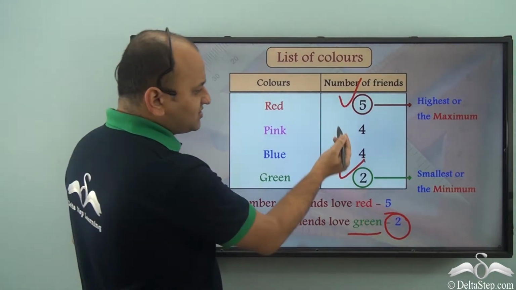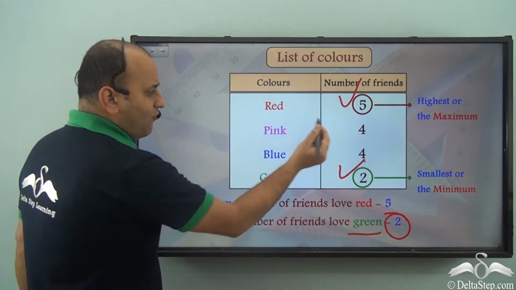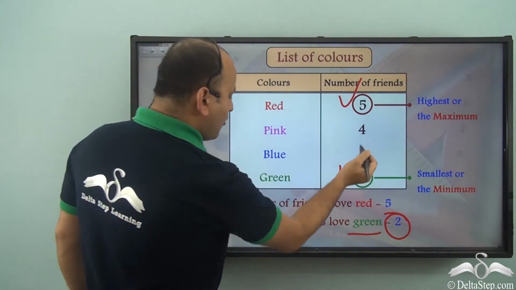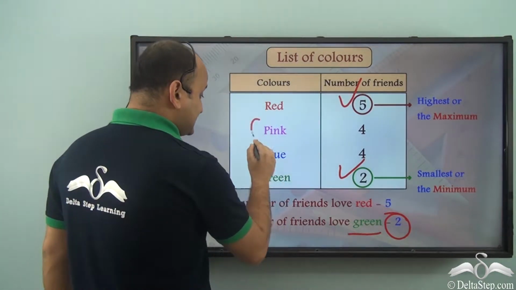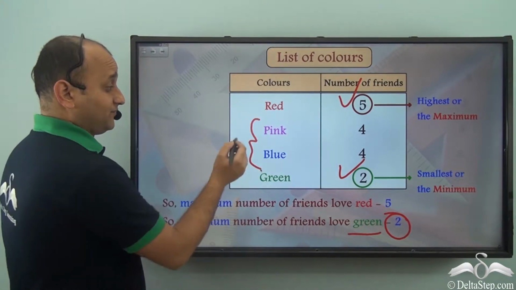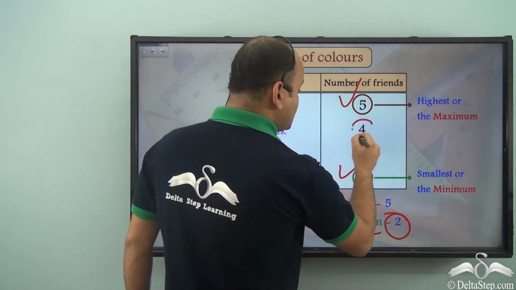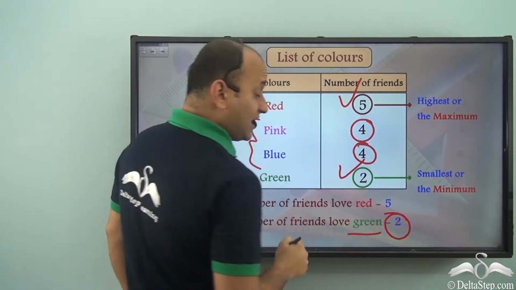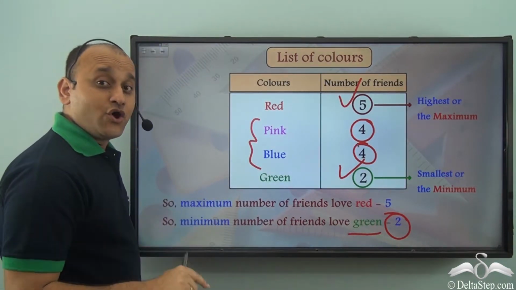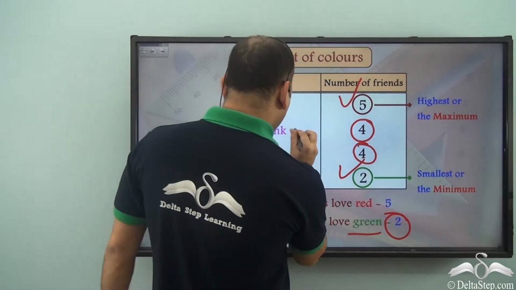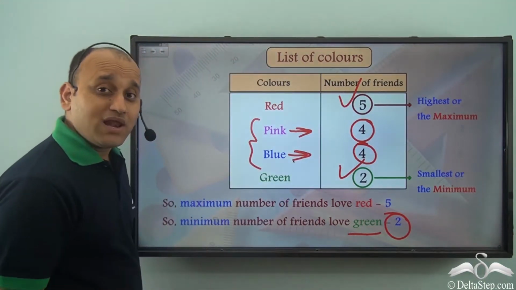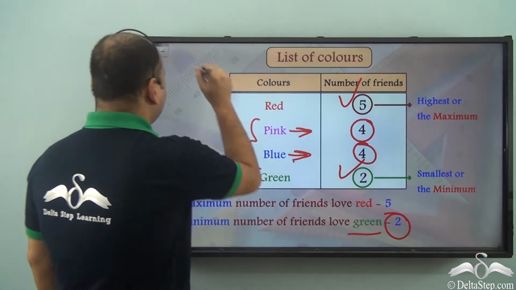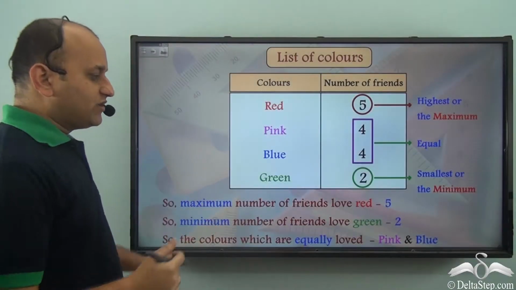Now what about this 4? Well, 4 people like pink and 4 people like blue. So in this case it's a bit different. You have these 2 numbers which are neither minimum nor maximum. In fact, if we talk about pink and blue, then an equal number of friends like them. So how do you represent it?